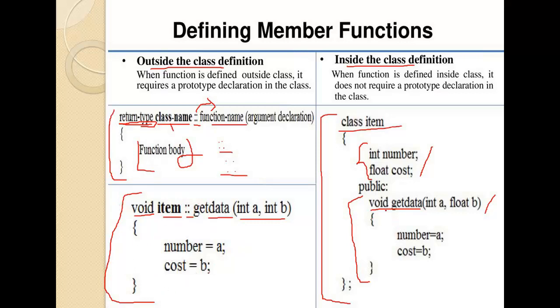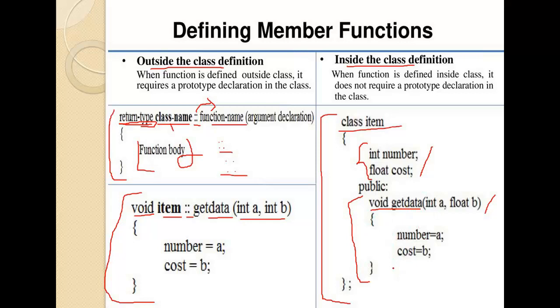Instead of that, in the place where I am declaring the class, there itself I am defining the function also, right? So here, void get data, I am declaring the function, and in this location itself, while declaring, I have immediately started defining the function.